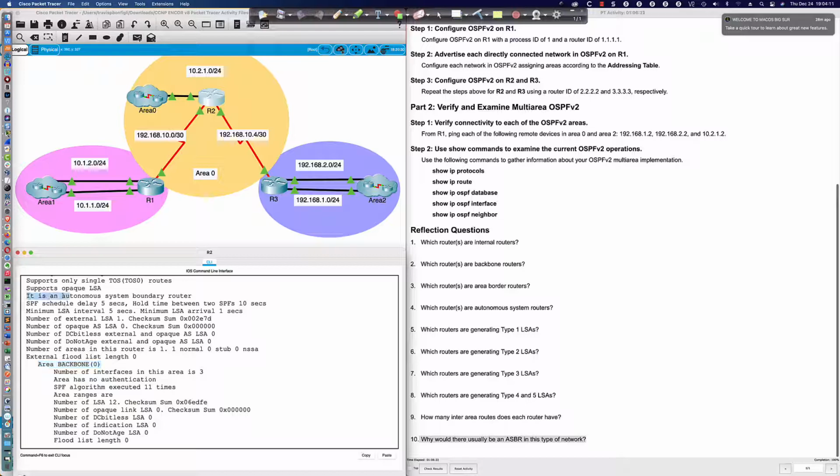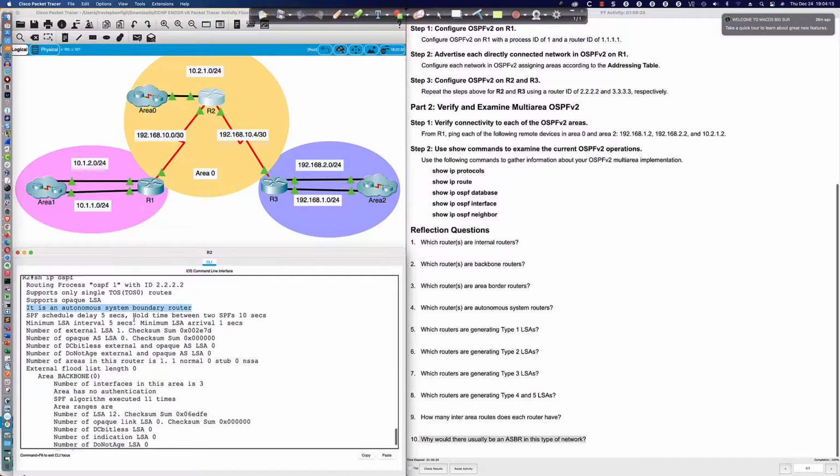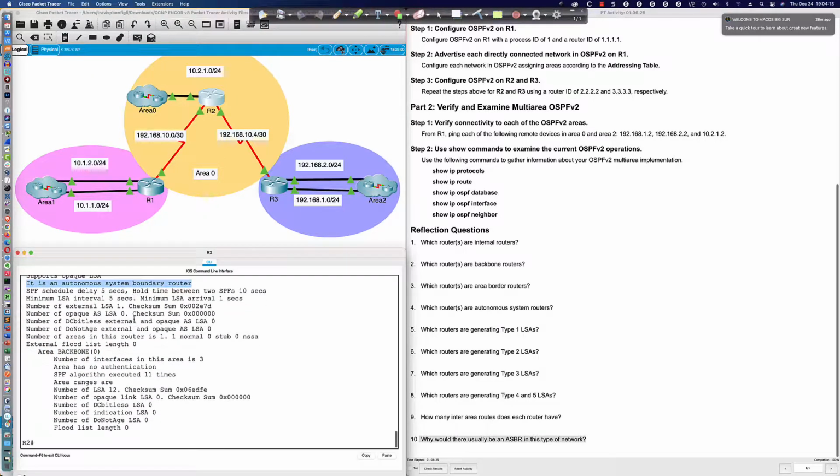And again, it points out that it is an autonomous system boundary router. Router 2 is not an ABR, so it's serving the purpose of being an autonomous system boundary router. And that's where we can see that in 2 places: show IP protocols, show IP OSPF. And then we see some things down here where there's no authentication being used, right?